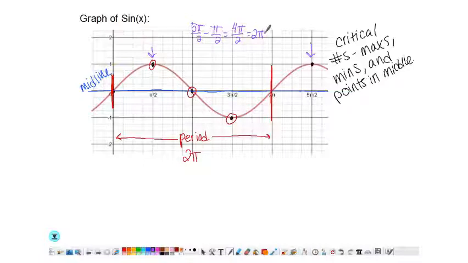One thing that the period can help us with is finding what we call the interval of the graph. The interval refers to how far apart the critical values are.